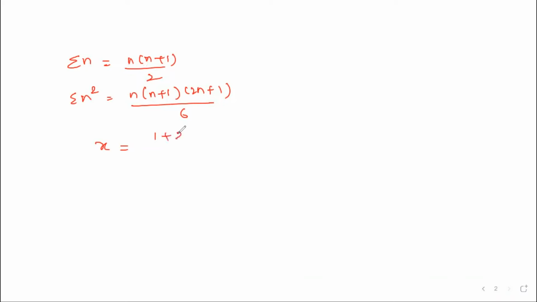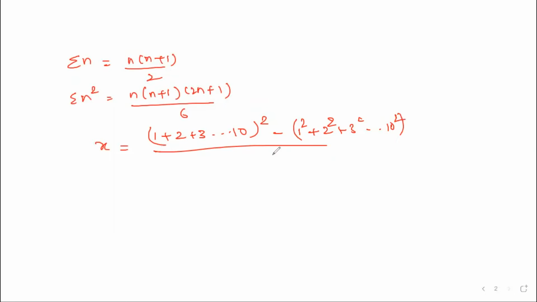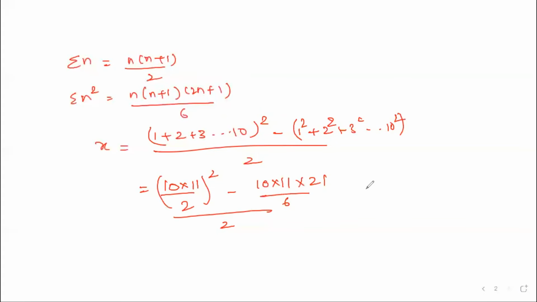So summation from 1 to 10 whole square minus (1 square plus 2 square till 10 square), divided by 2, we can write as (10 into 11 by 2) whole square minus (10 into 11 into 21 by 6), whole divided by 2. Upon simplifying this, you will get the final answer to be 1320.